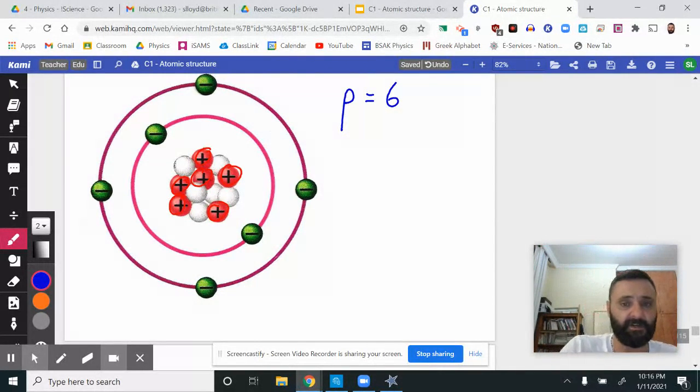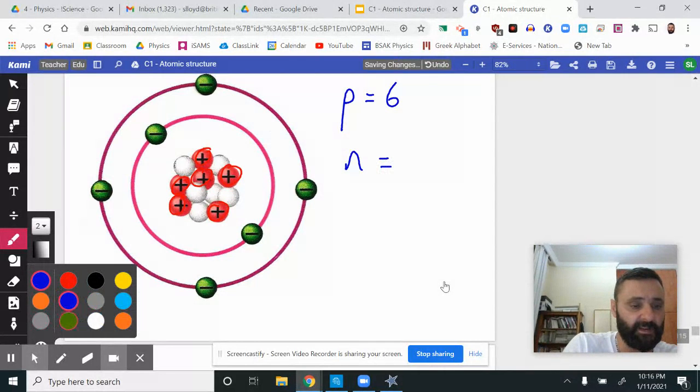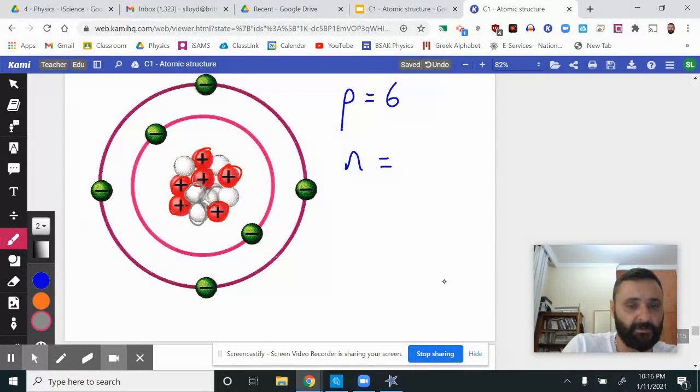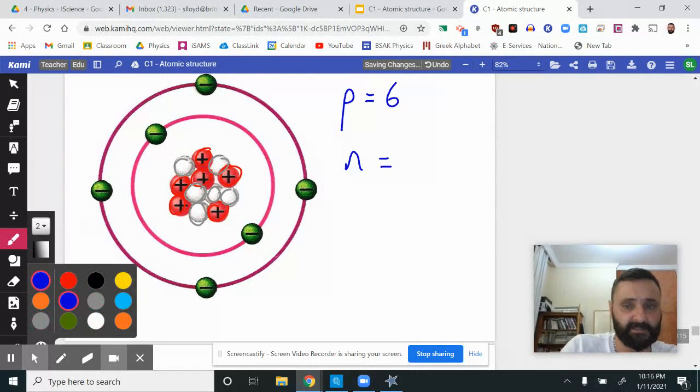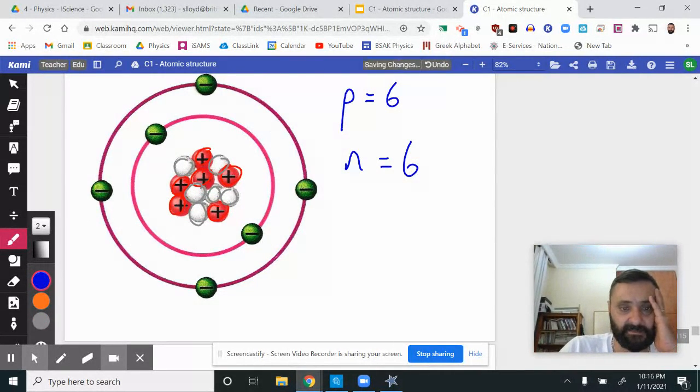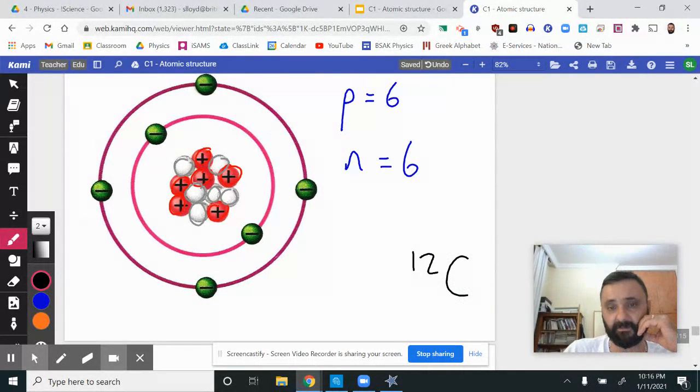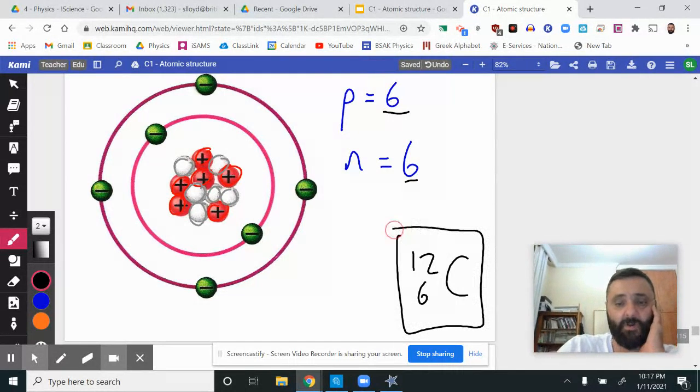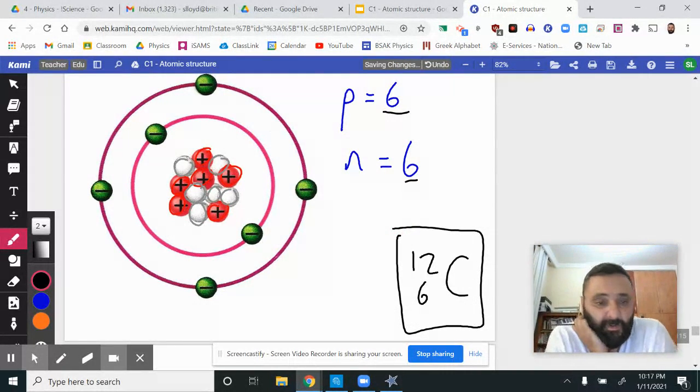Now, how many neutrons? 1, 2, 3, 4, 5, 6. So this version has 6. This is called carbon 12 because it's got 6 protons and 6 neutrons, so it's got a mass number of 12. It's still got an atomic number of 6. That is the most common isotope of carbon.